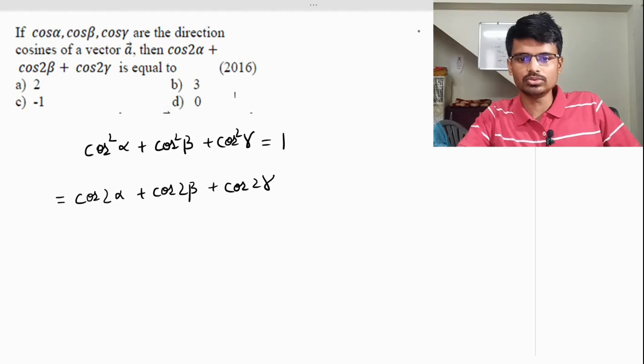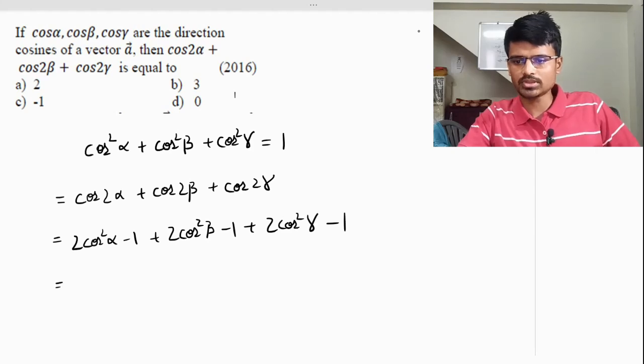So we'll use the trigonometric identities to expand this. What is cos 2 alpha? It is nothing but 2 cos square alpha minus 1 plus 2 cos square beta minus 1 plus 2 cos square gamma minus 1.